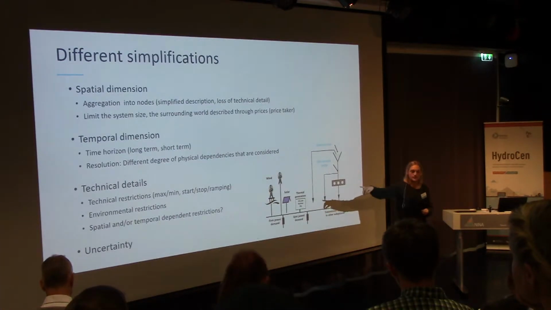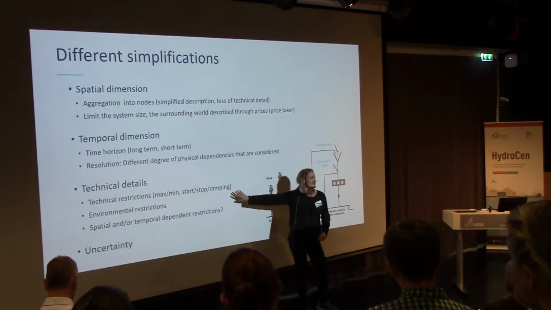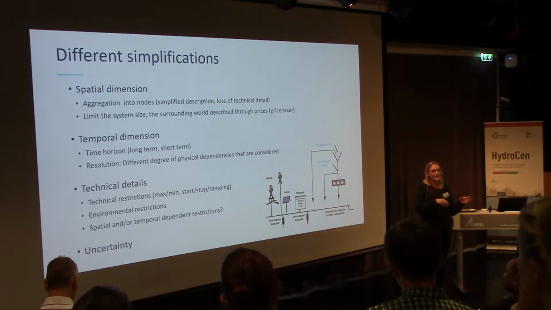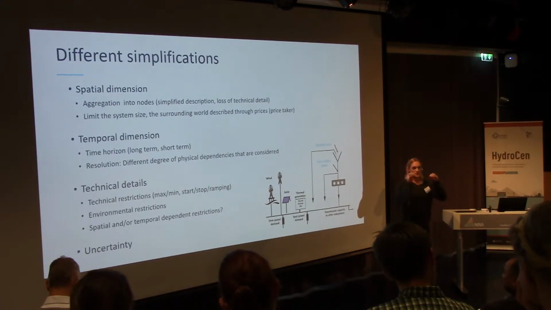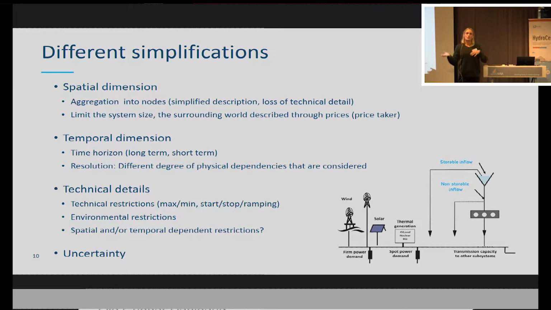And then you have technical details. And this is why I'm so glad we already had other presentations, because we try to describe the actual system, the real world, how it looks. But that's not always easy, and you've seen that there's a lot of different elements, and we need to choose what to take into our modeling and what to not include in our modeling. And then it's important to know which kind of capabilities or limitations are the most important ones.